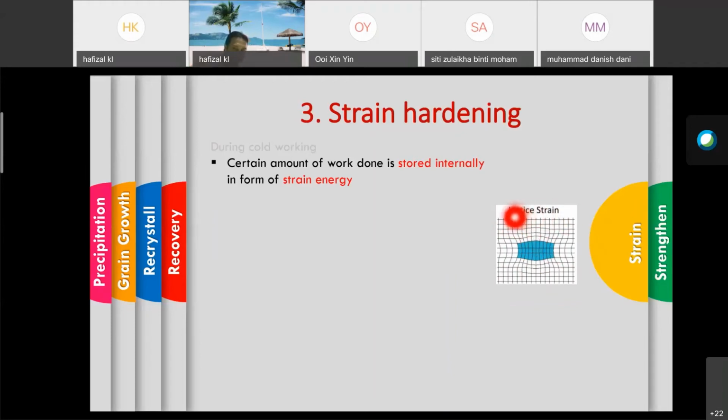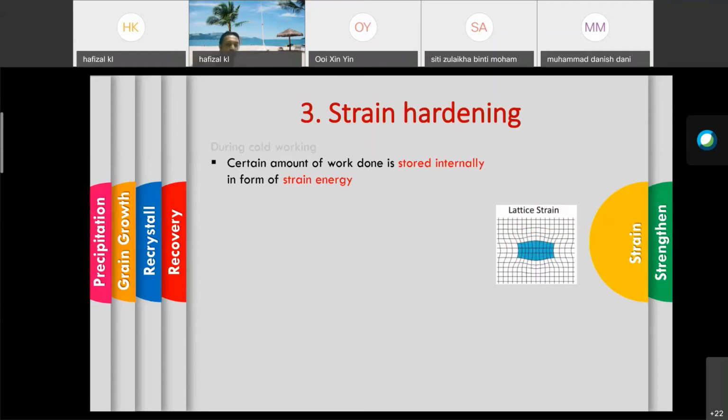The bonding in this area is in the original position, but when we introduce cold working, the lattice strain happens in this area. So you can see the atomic arrangement is a little bit misaligned here.